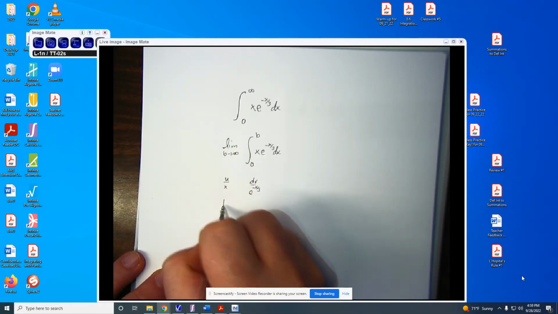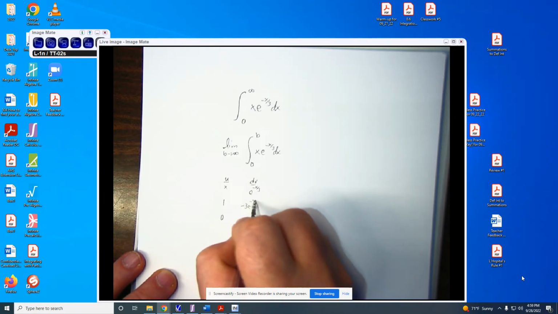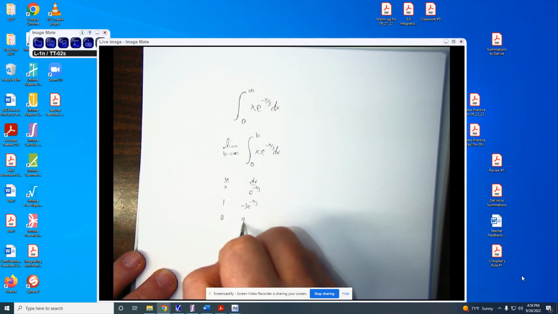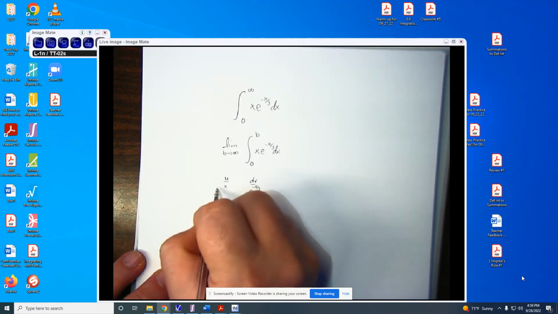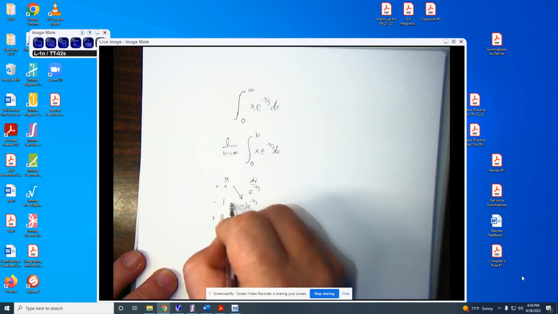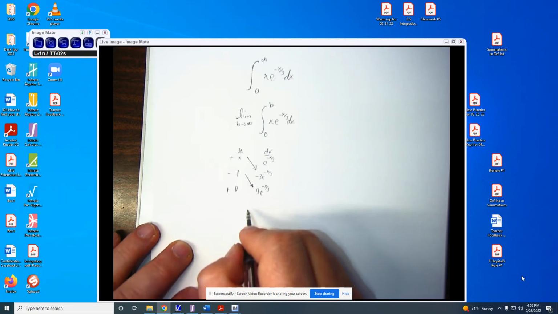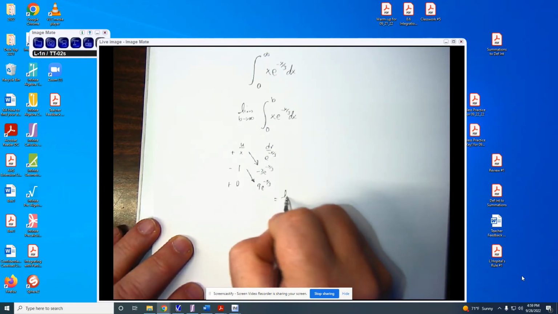We then take the derivative of u twice, and as we integrate the e to the negative x over 3 power, we get negative 3e to the negative x over 3, and then positive 9e to the negative x over 3. Plus, minus, we work along the diagonal.